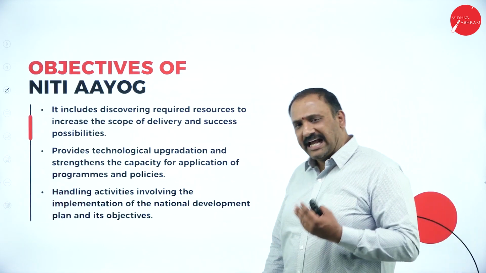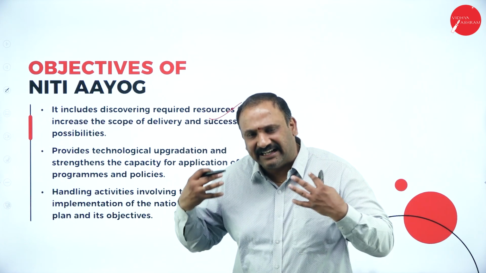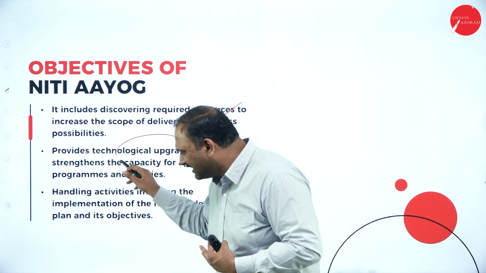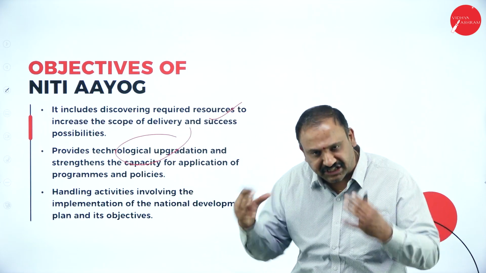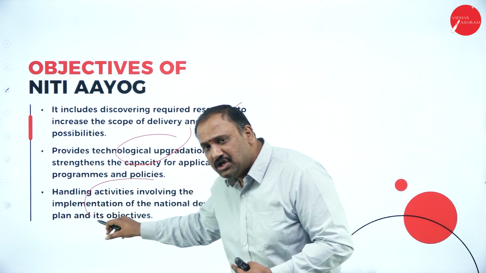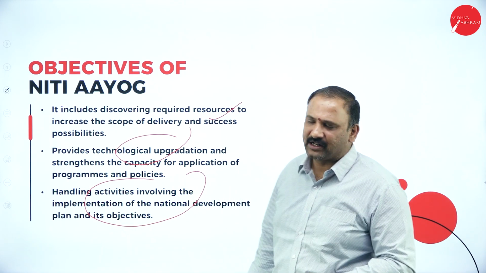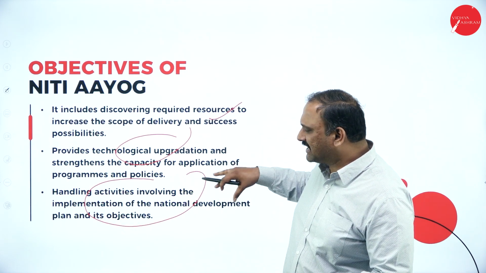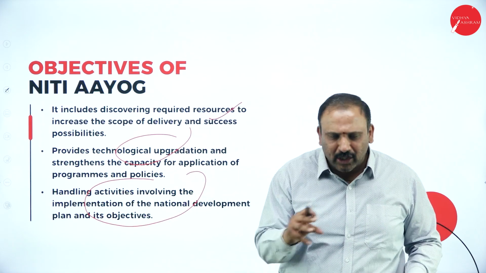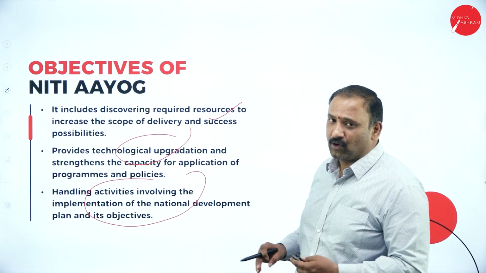Now, it also involves certain objectives like discovering resources, increasing the scope of activity, providing technological upgradation wherever it is needed, which is very, very important today, and handling activities known for the implementation of national development and at the rural level altogether. So it is basically trying to strengthen the program and its various applications all along the system so that you will be able to get a betterment in the plan altogether.